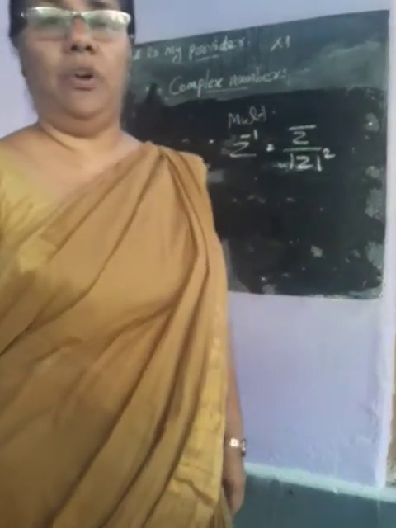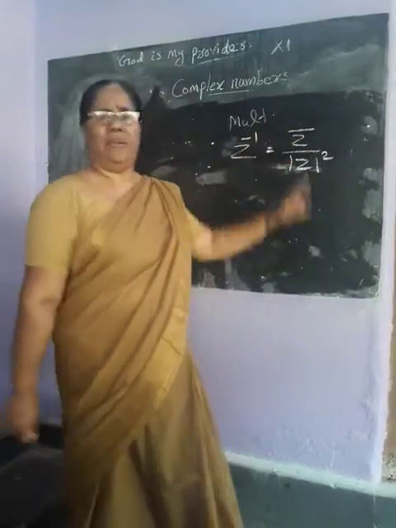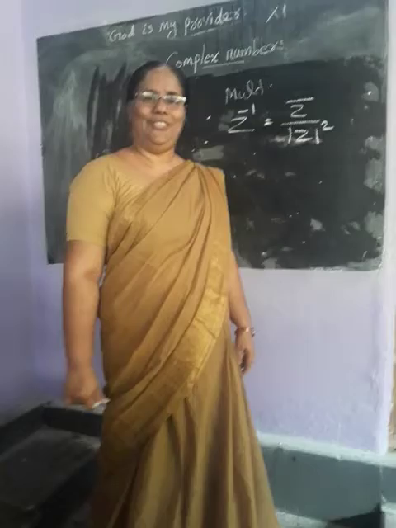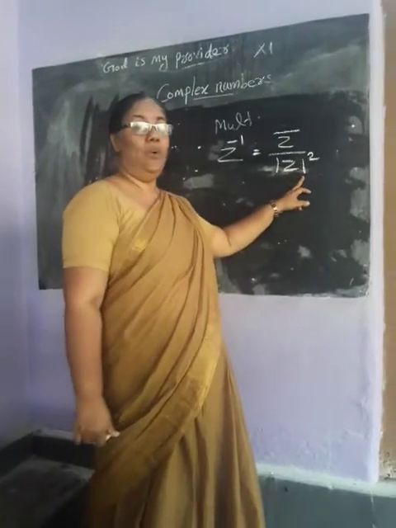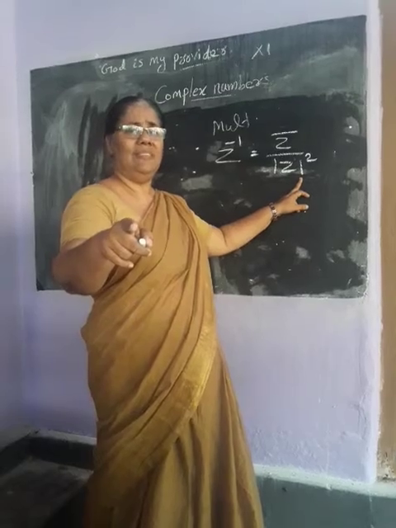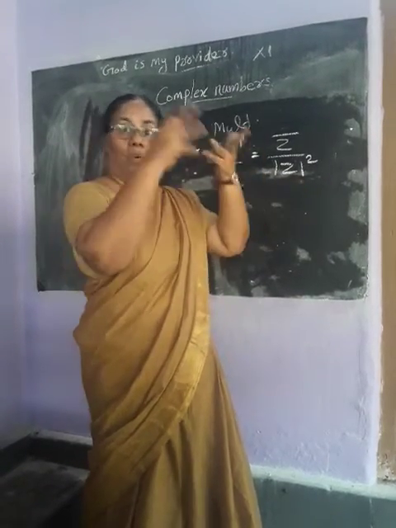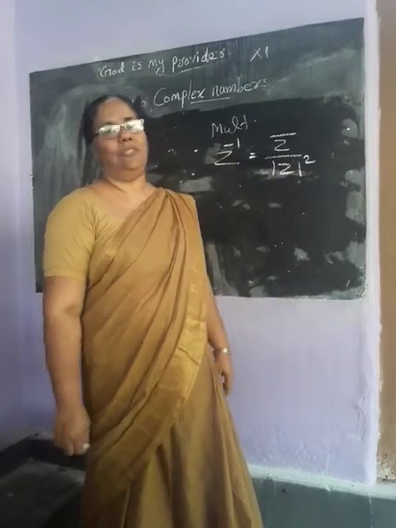Multiplicative inverse, very important. Multiplicative inverse means z bar. Can you say what is z bar? Conjugate. Then what is mod z? We know that mod z is the root of a square plus b square. The whole square. That means only a square plus b square.